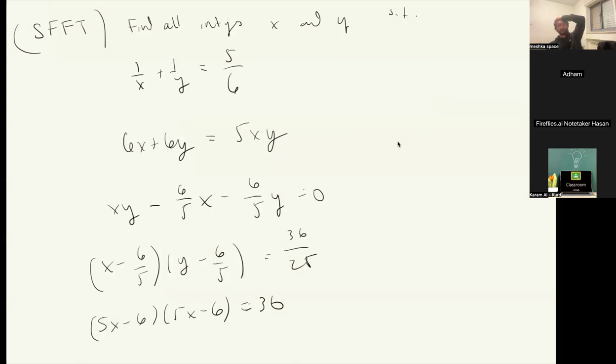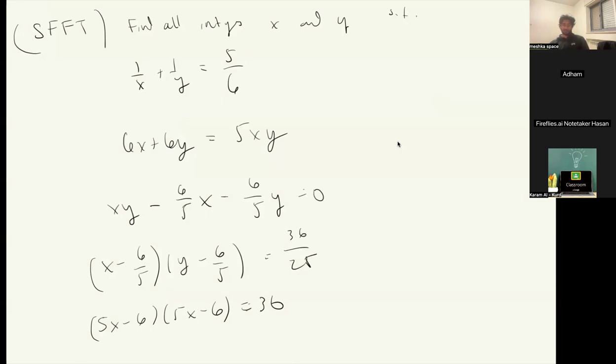Do you see how to solve it? You can just search over the factors of 36. Does it make sense?